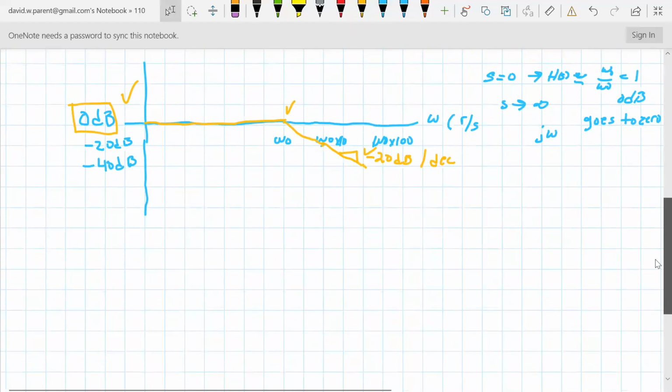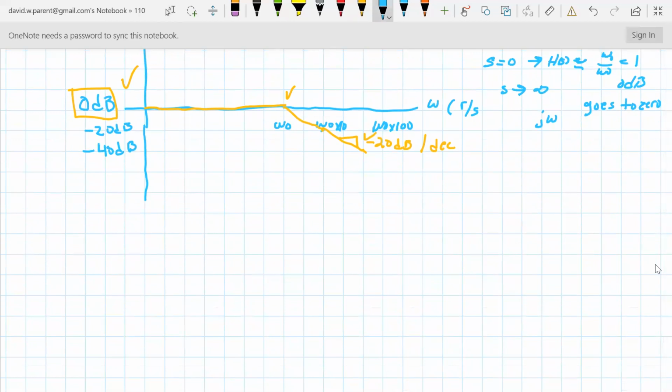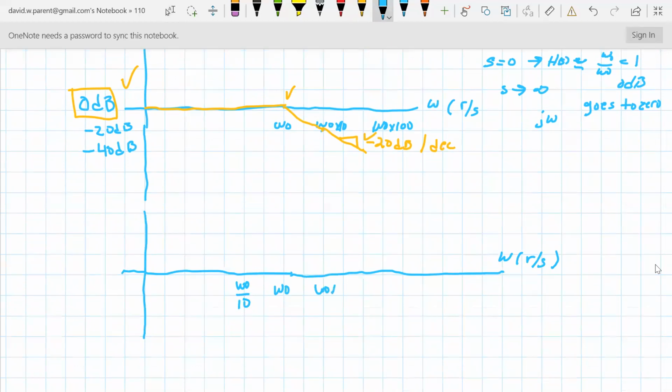Then for the phase, what I like to do is have omega naught divided by 10, omega naught times 10, and a first order low pass filter, right?